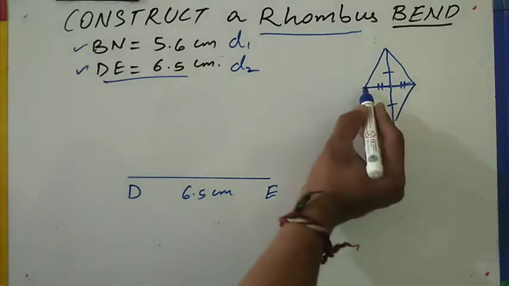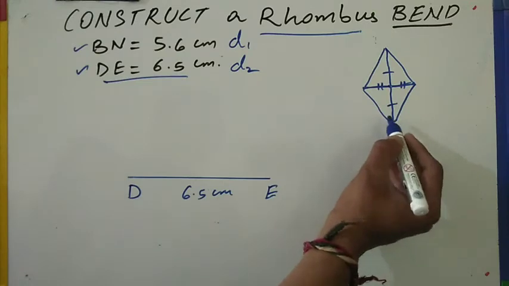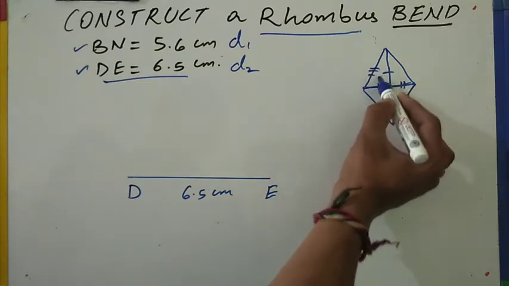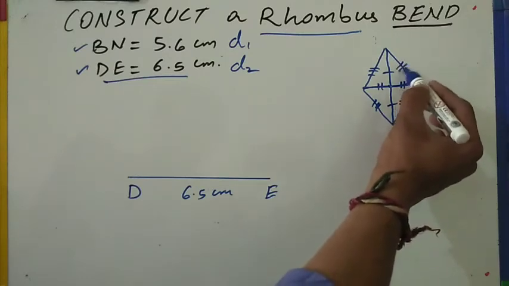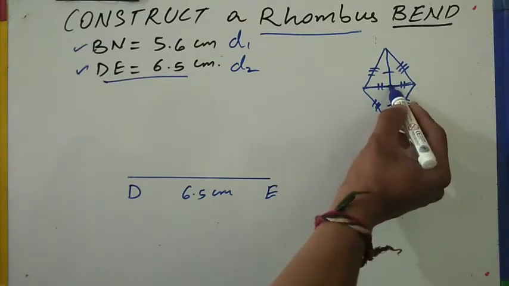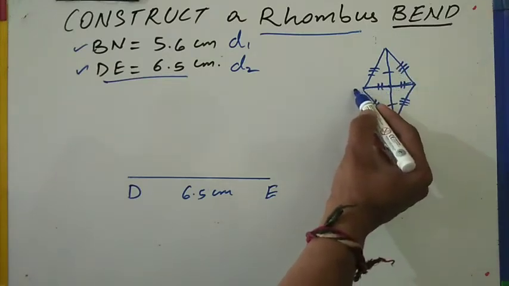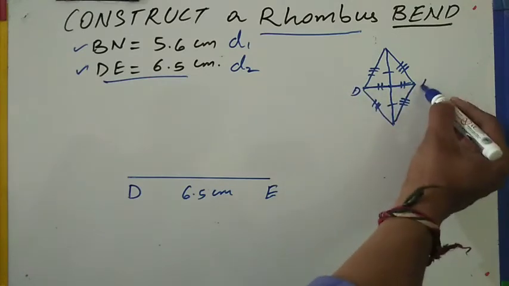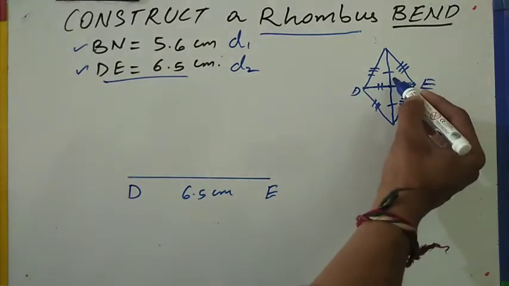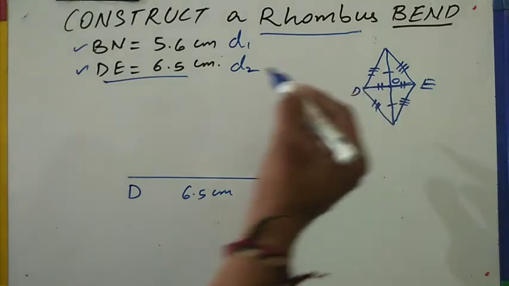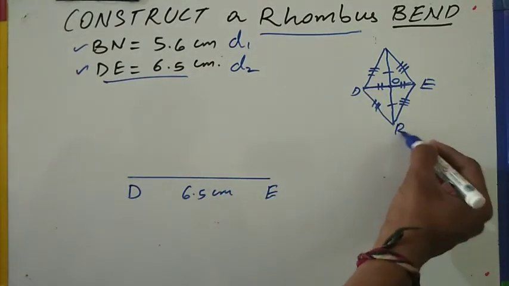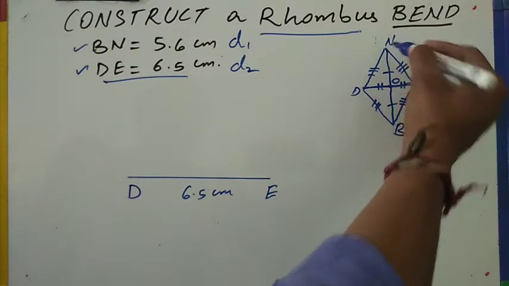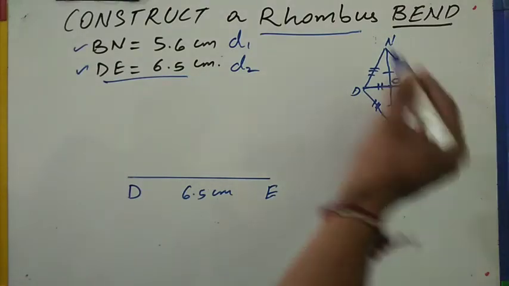That means in a rhombus, not only are all sides equal, diagonals bisect each other. So, if I have DE with midpoint O on it, definitely BN will also have O as midpoint.